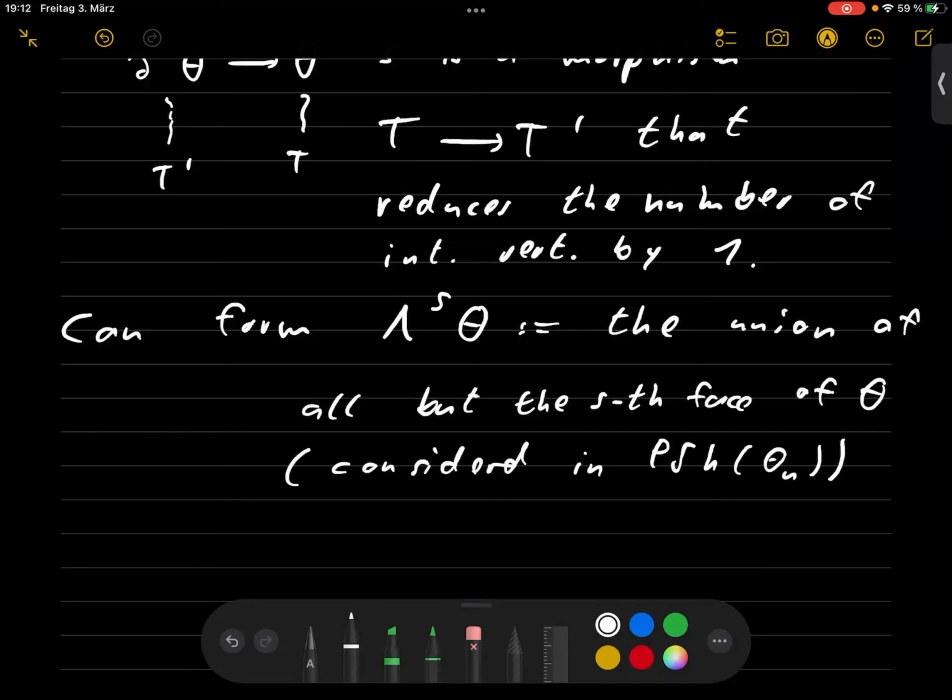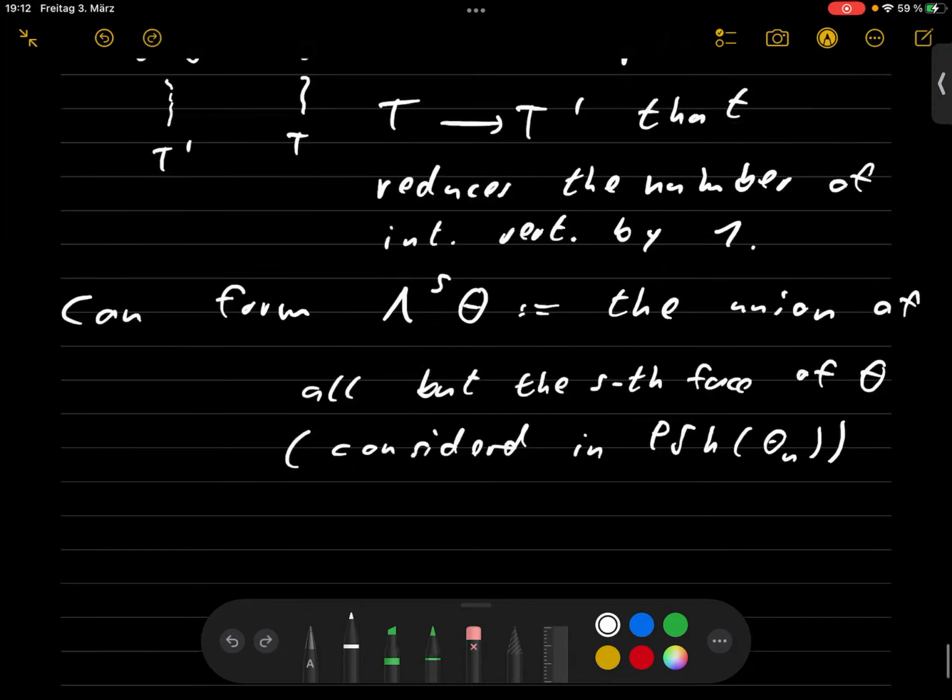It's too difficult. We must consider pre-sheaves, but we can embed theta via the Yoneda embedding into pre-sheaves on it. So it's the representable, like the standard simplex, and then we can collect all the possible faces there.